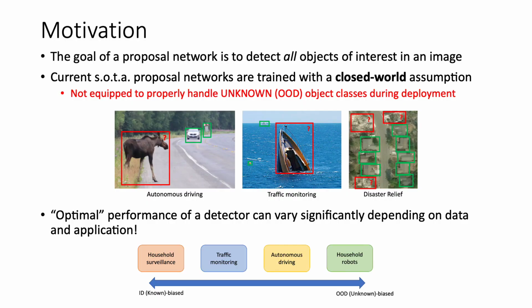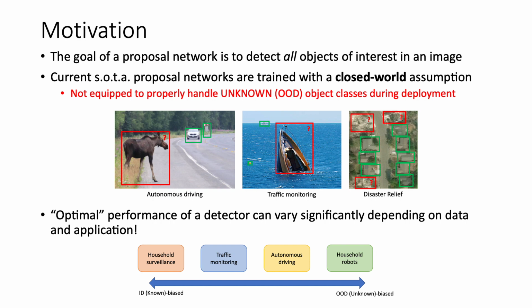In this work, we focus on object proposal networks. The goal of a proposal network is to detect and localize all objects of interest in an image. Current state-of-the-art proposal networks are trained with a closed world assumption, meaning that they can only detect objects explicitly labeled in the training data.